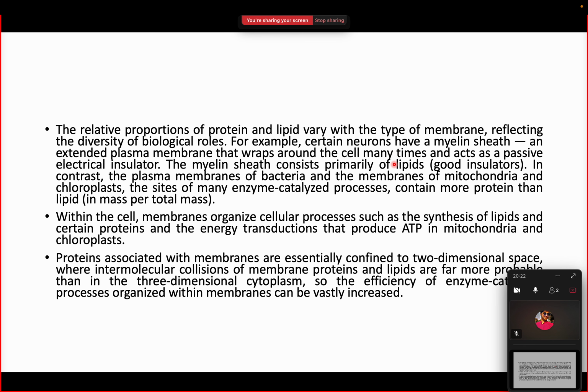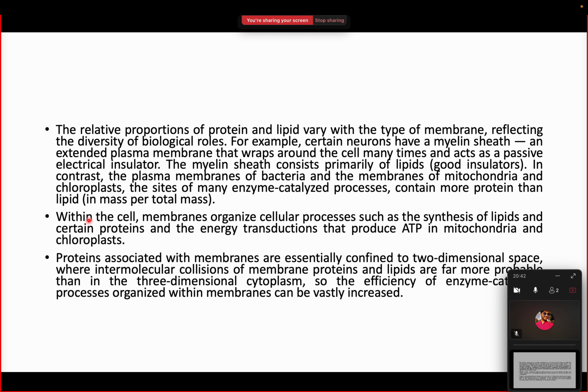Hence both neuron as well as mitochondria or chloroplast membrane have lipid and proteins associated with them. That is, the components of the membrane are the same, but the composition, the amount of protein and the amount of lipid present in these membranes, will vary.